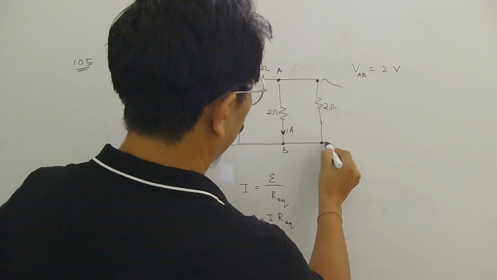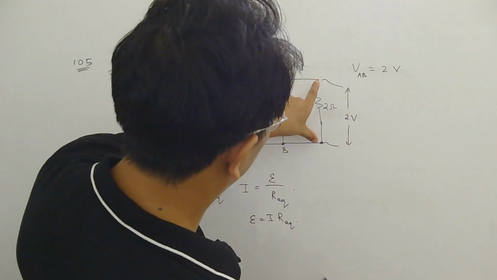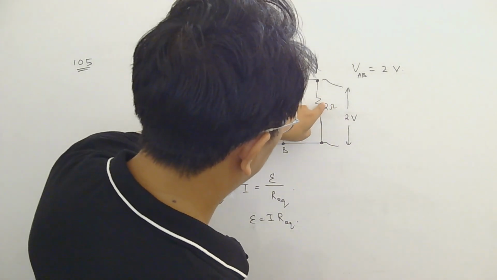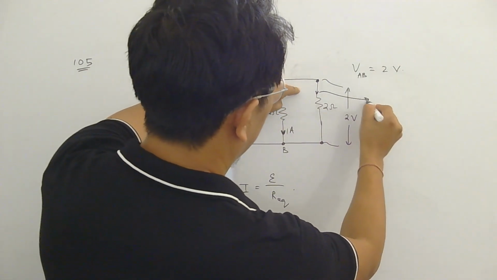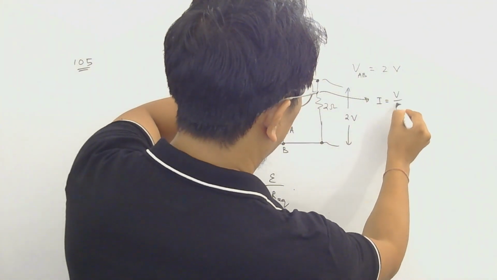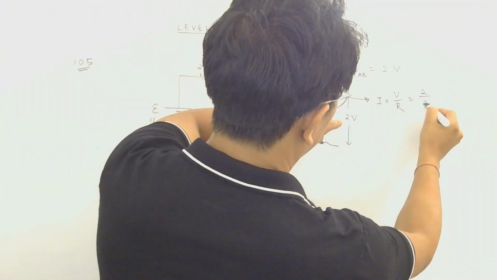So here also voltage is 2 volt, and if voltage is 2 volt, resistance is 2 ohm, then current here will be V by R, Ohm's law for this resistor. Voltage is 2 volt, resistance is 2 ohm, so current is 1 ampere.